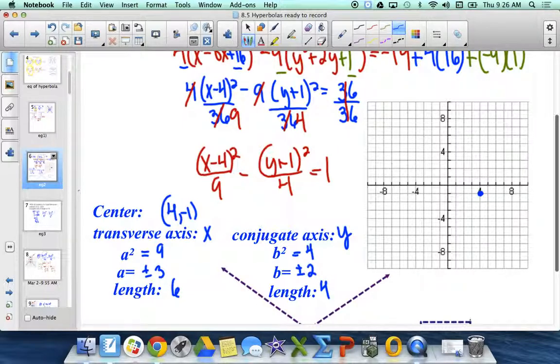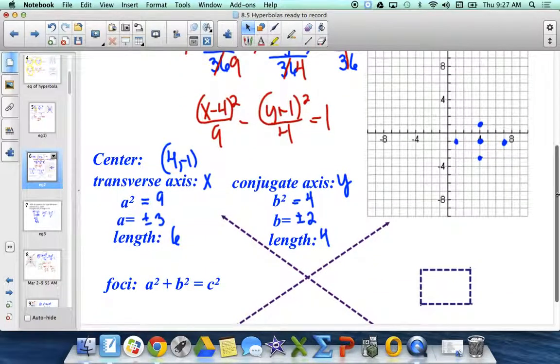So let's go ahead and graph it before we find the foci. So we have over 3 units, 1, 2, 3 units, over 1, 2, 3 units. Then we're going up 2 units and down 2 units. We then want to draw our rectangle. So we have a rectangle that looks like that.